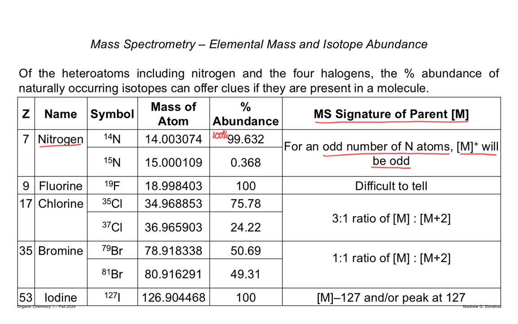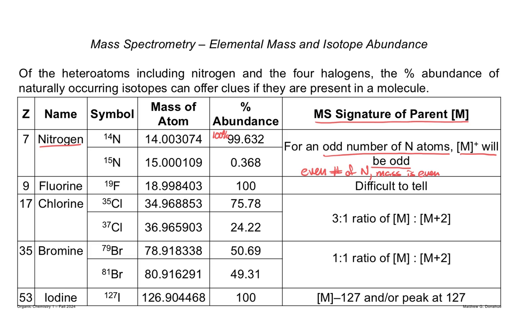Now the flip side of this, if you have an even number of N, the mass is even. And so that is a little bit more challenging at that point. But again, we still have IR spectroscopy to rely on, because we can figure out from our nitrogen-containing functional groups if there's things like an amine or an amide present.